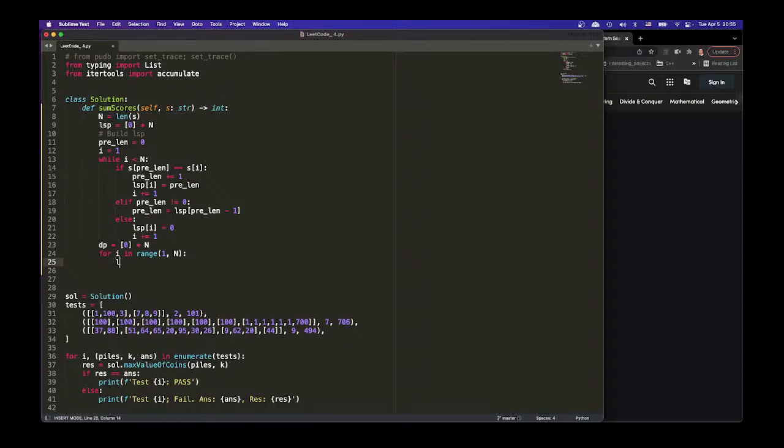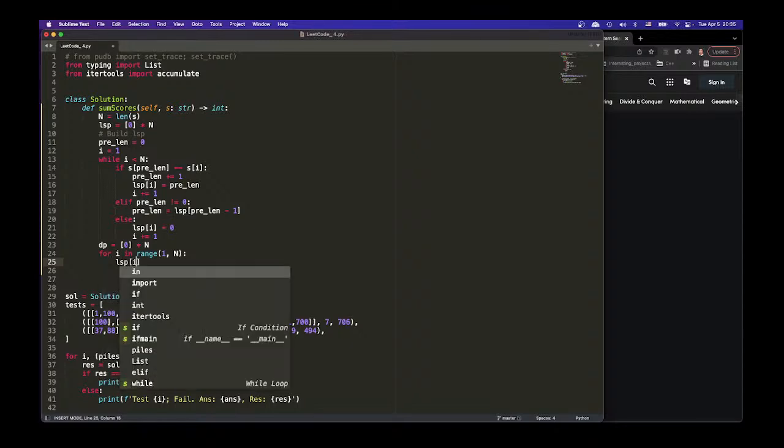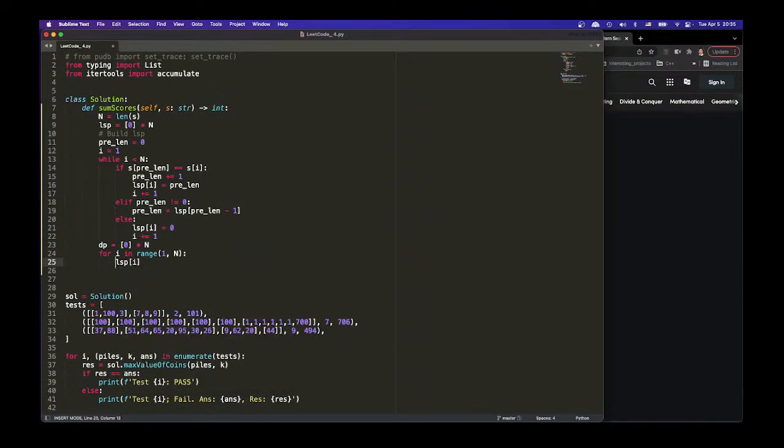We say LSP[i] is a total number, right? So then what we can do is i minus this number, right? Let's say if I have 3, so minus 1, minus 2. So if I have 3 elements at the end, and then this is my i.